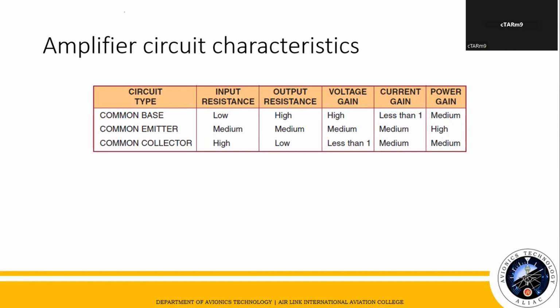This is the commonly used one, for example to build an amplifier from a microphone to get a louder volume. The common collector is made into an impedance matching circuit: high, low, less than 1, medium, then medium.